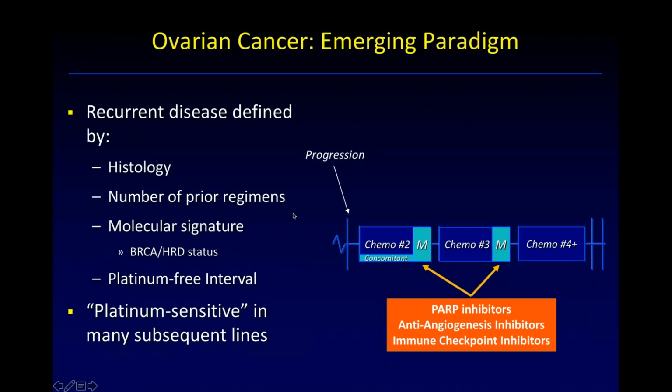Now, in the recurrence setting, so that's pretty much focused all on the primary setting. But in the recurrence setting, we have these drugs that have been recently approved, also in maintenance. Here you can see with the blue M, and we have 3 different classes of drugs: PARP inhibitors, angiogenesis inhibitors, and immune checkpoint inhibitors, all of which are being looked at in these spaces. And we have data for 2 of these, the PARP and anti-angiogenesis inhibitors, that have been the most exciting thing we've seen.